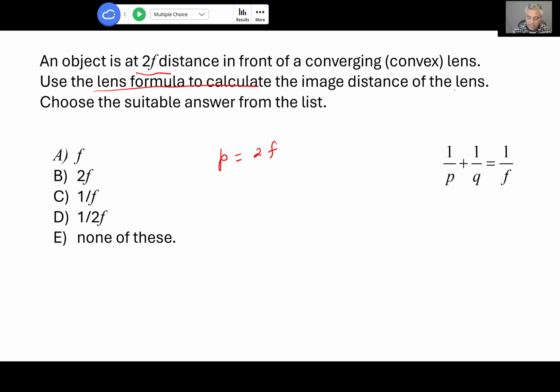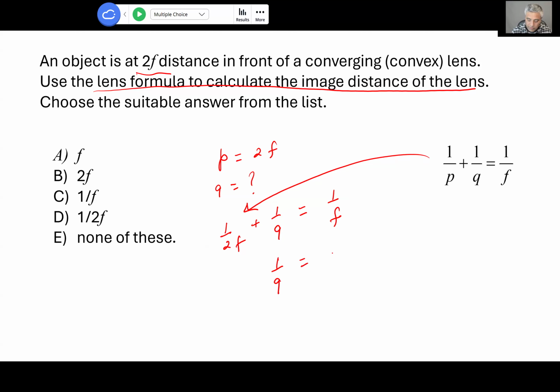Use the lens formula to calculate the image distance. So Q is what? Using this formula, 1 over 2f plus 1 over q is 1 over f. So 1 over q is 1 over f minus 1 over 2f. Now I know how to subtract this.